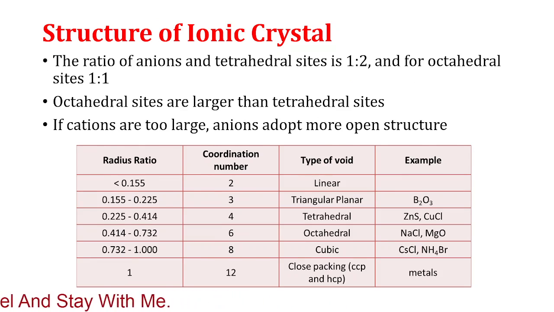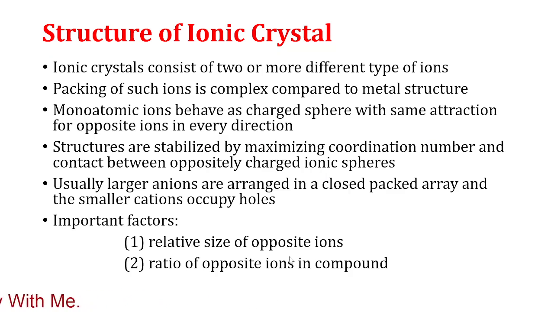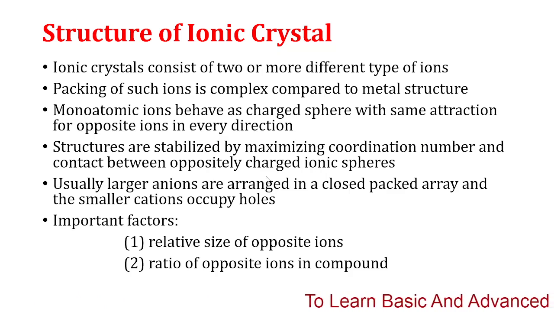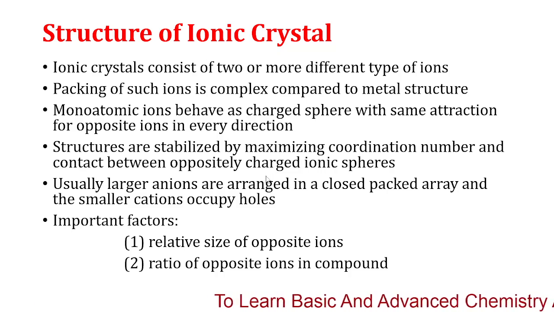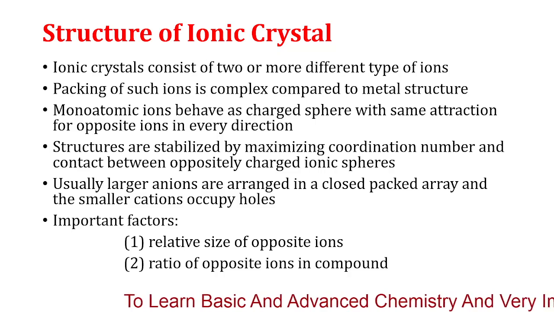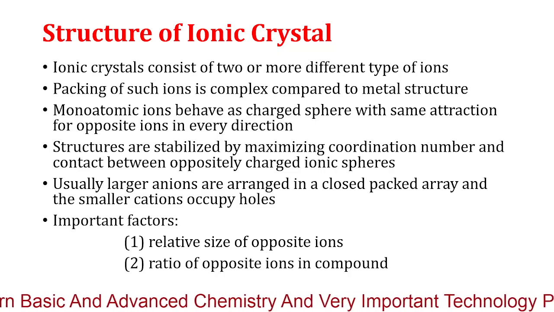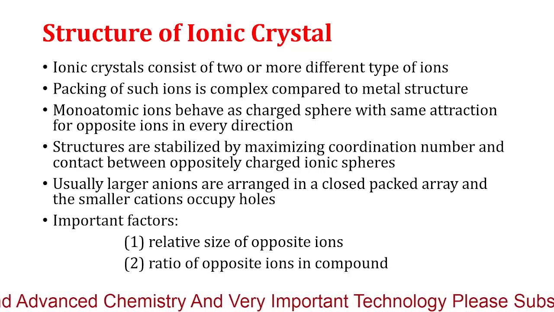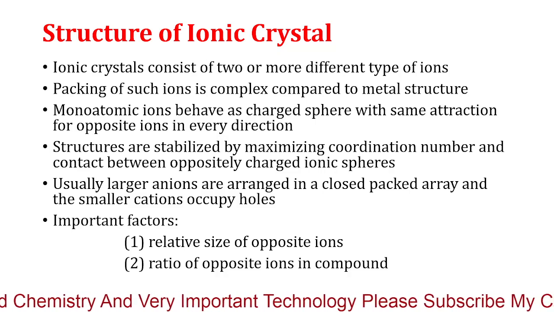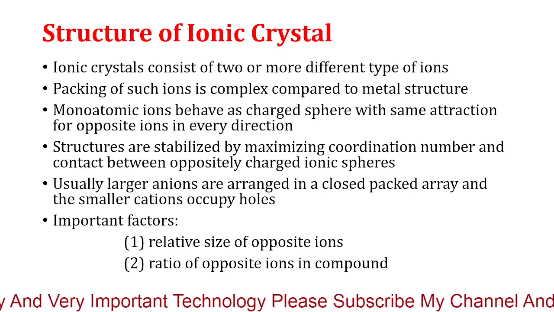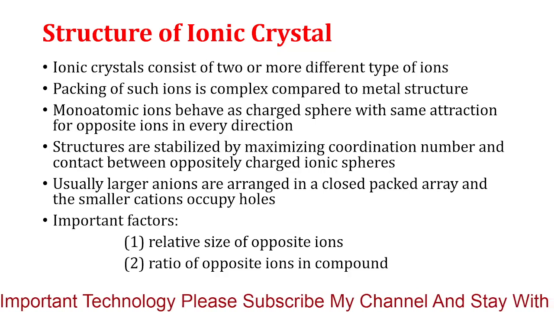Okay, so in the case of ionic crystal, a structure is stabilized by maximizing coordination number. What does it mean? If you have some crystal of ion, what can you have? The maximizing coordination number. That means how many atoms are available nearby.